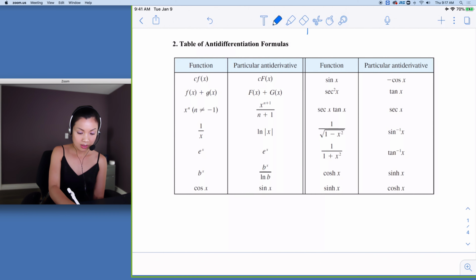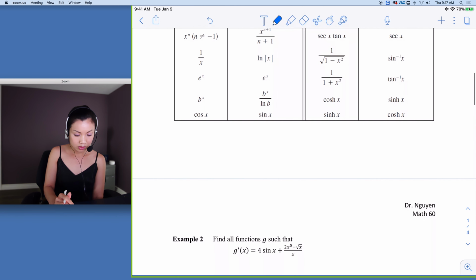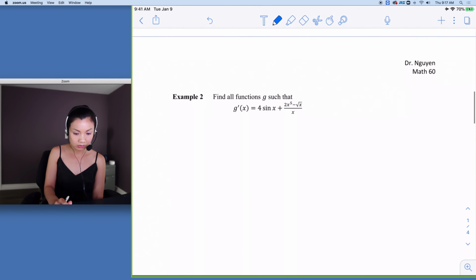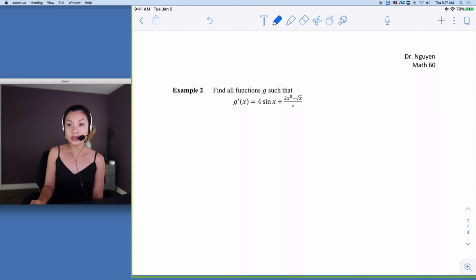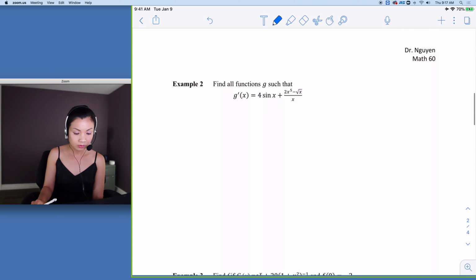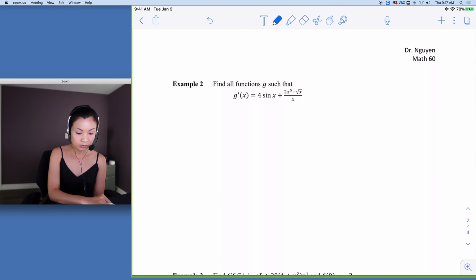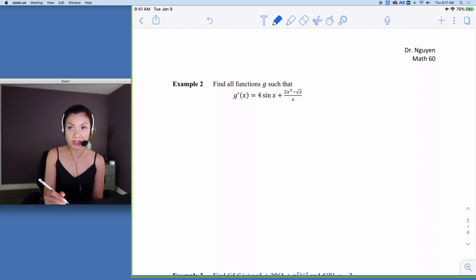Okay, moving on to example 2. What you see right here, we want to get the antiderivative of this one. So how do we do it? First of all, you should definitely simplify first.